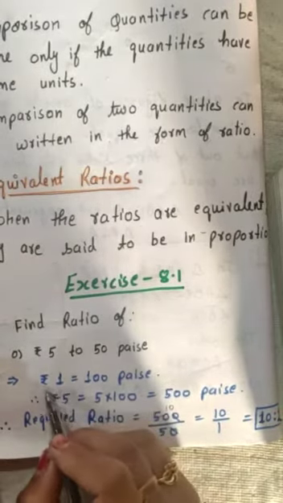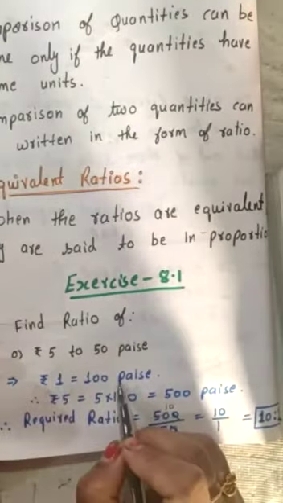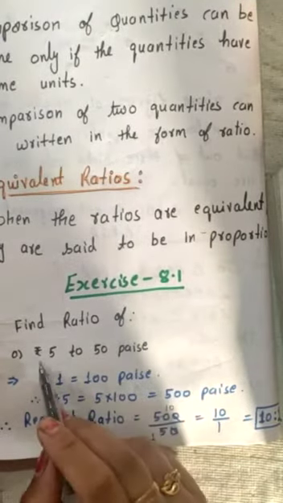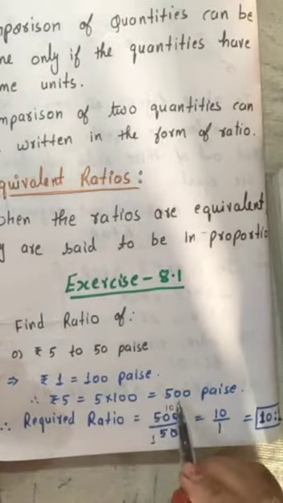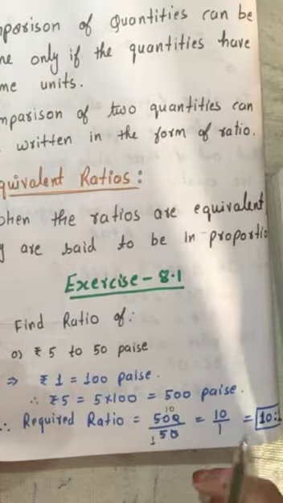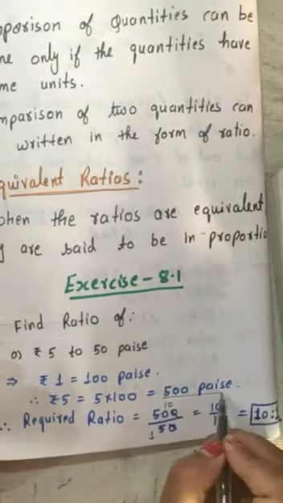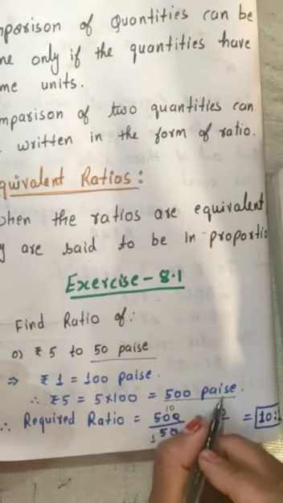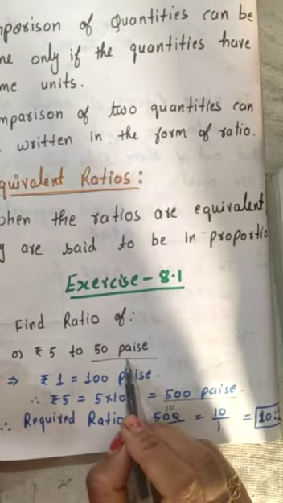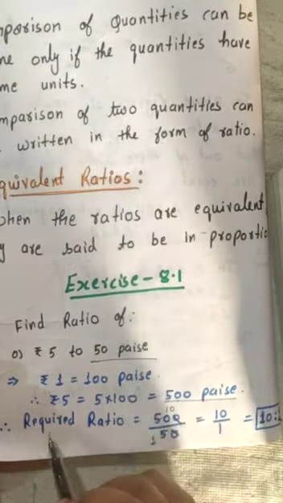First write 1 rupee is equal to 100 paise. So 5 rupees becomes 5 into 100, which is 500 paise. Now you have 500 paise and 50 paise. Both units are the same, so now you can compare.